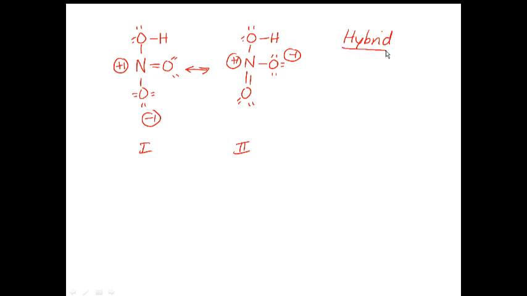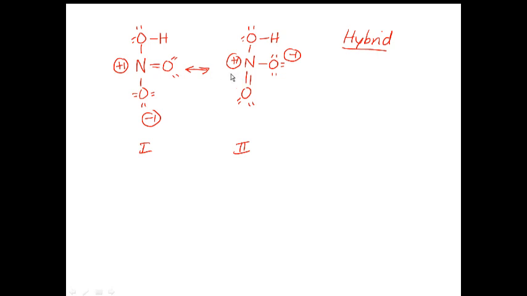You learn about the term hybrid for cars, for biology. It just basically means something that's a mixture of two different things. Now, originally, people thought that these two resonance structures might be constantly flipping back and forth between the two forms. And that was quickly found not to be the case.